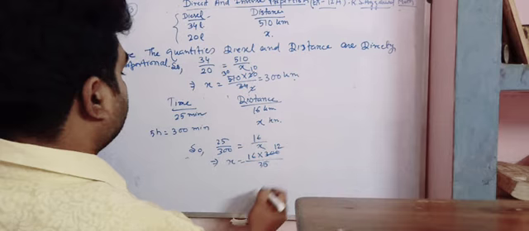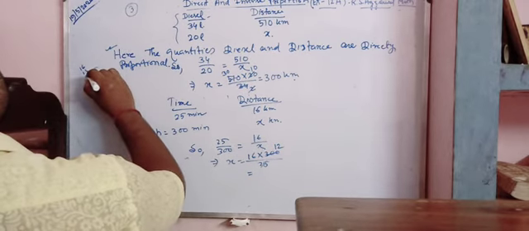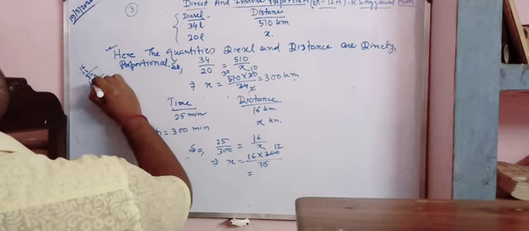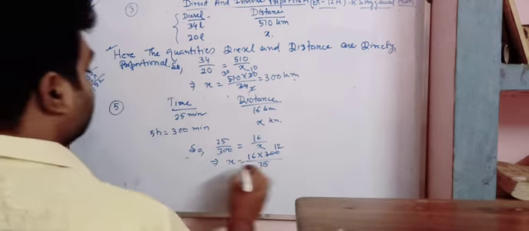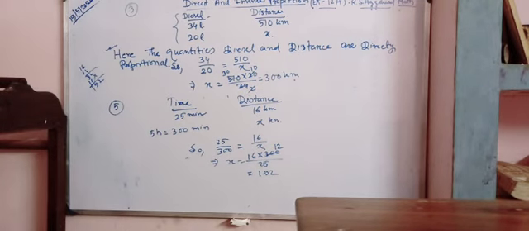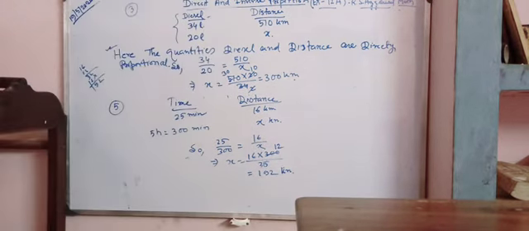So this is 12, 16 into 12, 192. So in 5 hours it should travel 192 kilometer. So that will be my answer.